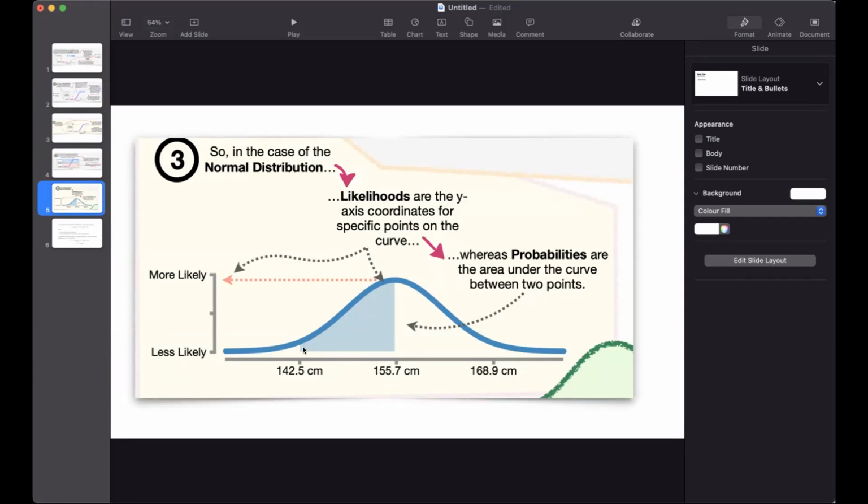So we can easily say 95% of the population will fall within two standard deviations. Likelihood is on top of this curve. If a student falls here, we say he is less likely to be taller. If he is exactly on the mean, he or she is more likely to be taller.